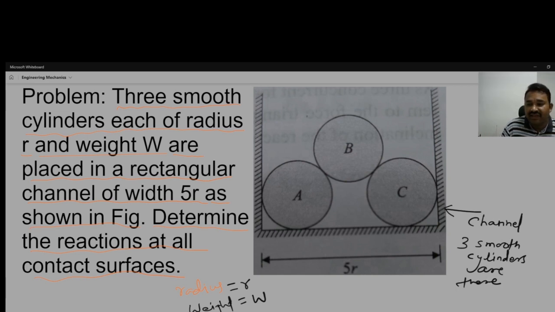So remember, whenever the term smooth is there, smooth cylinders, smooth surfaces, it means friction is not going to be considered.